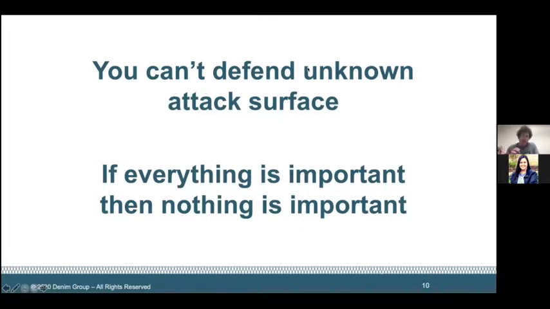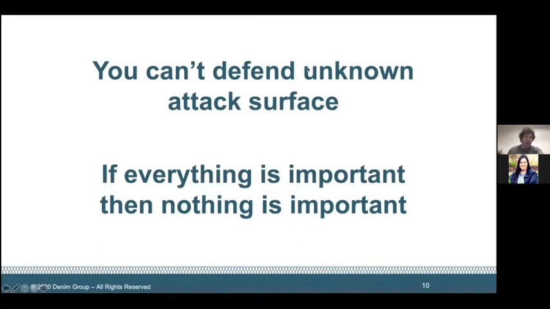Another challenge that organizations deal with is, if everything is important, then nothing is important, right? That's a concept that I work a lot to internalize for myself. In security there's a lot of stuff going on, right? There's always stuff to do, and you're never going to have the resources you would like to do everything that you want to do.